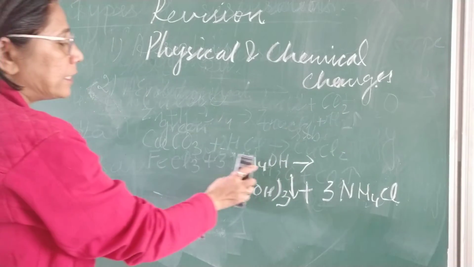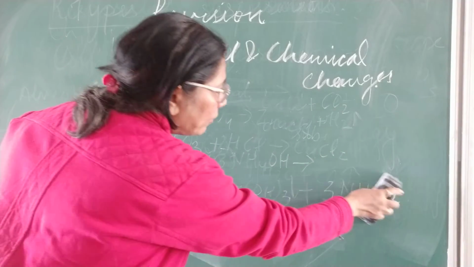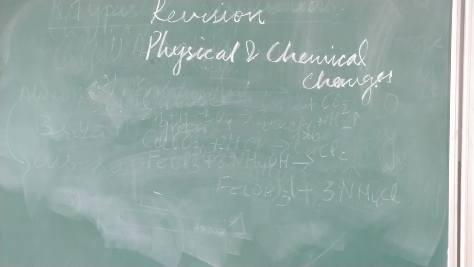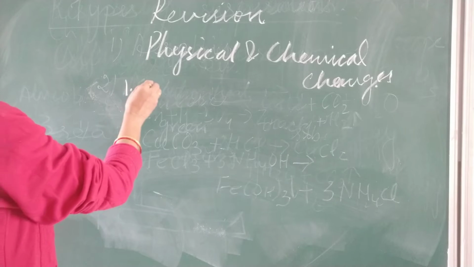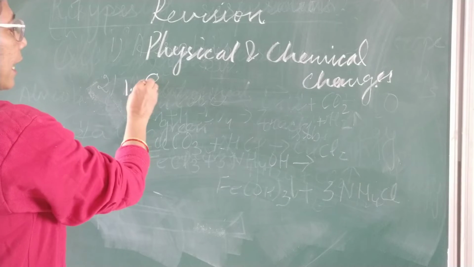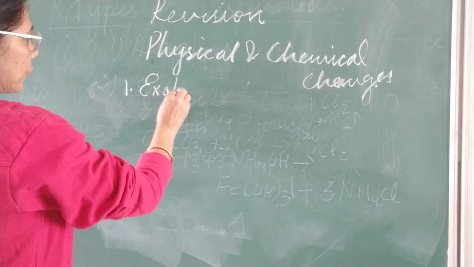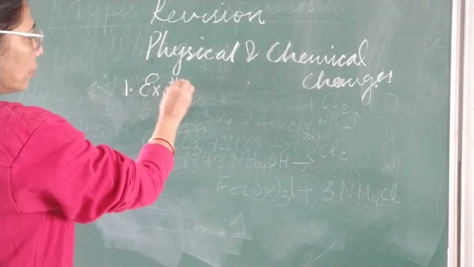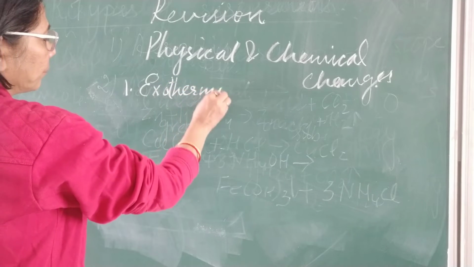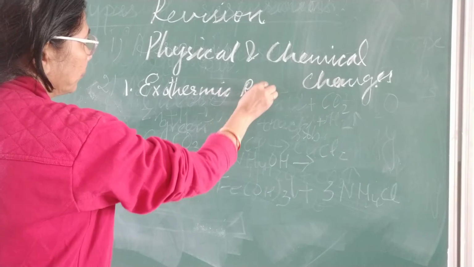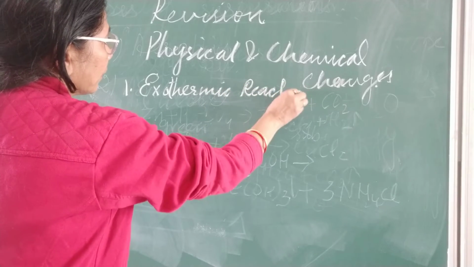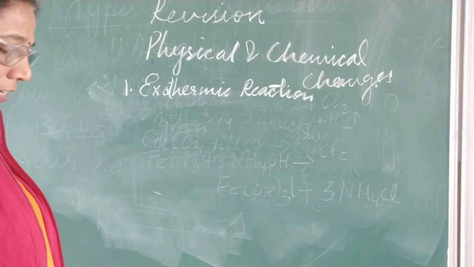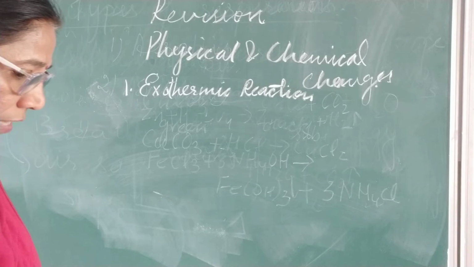Now next is change in energy. During some reactions heat is evolved and in some reactions heat is taken during the reaction. The first, in which heat is evolved, we call an exothermic reaction. When we write this reaction, we write plus heat.